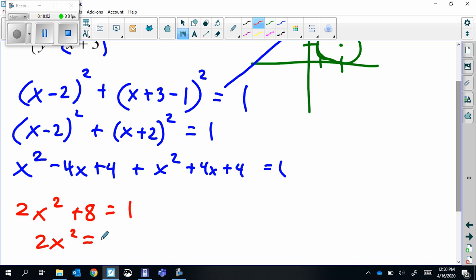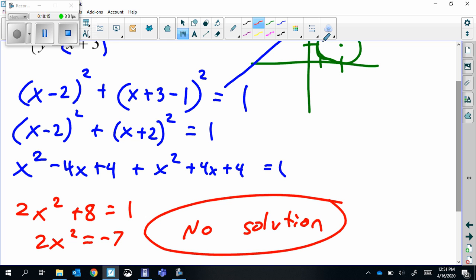And subtract the 8 over, you get negative 7. Now when we go to take a square root of a negative, we will get no solution. So that's where that comes about algebraically. And from our sketch, we can see that they also don't intersect. So no solutions there because the line misses the circle.